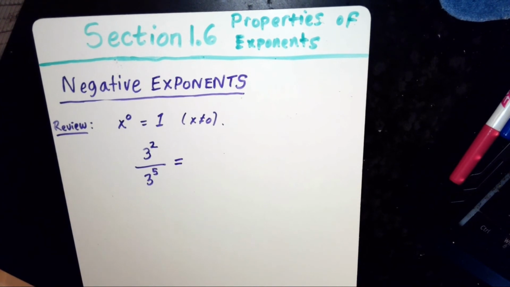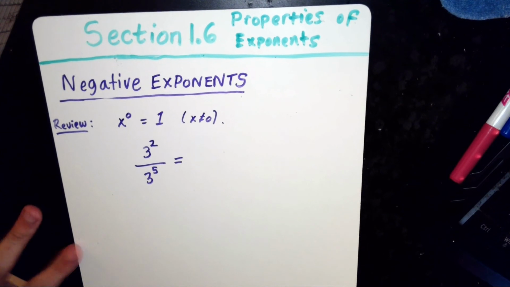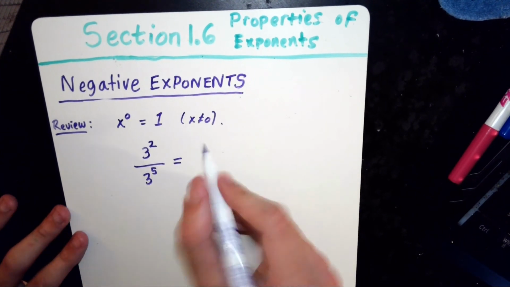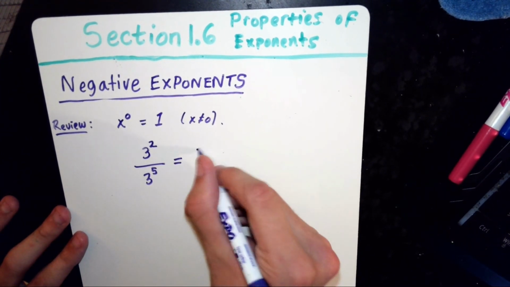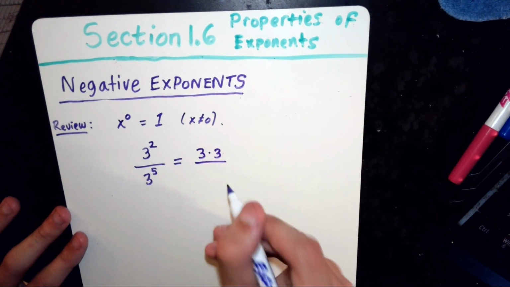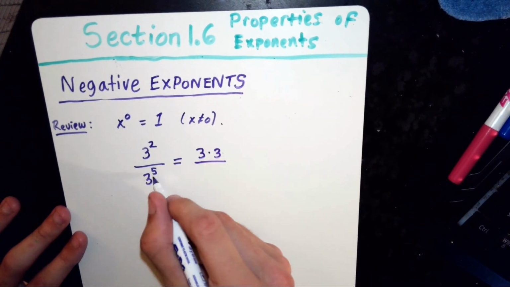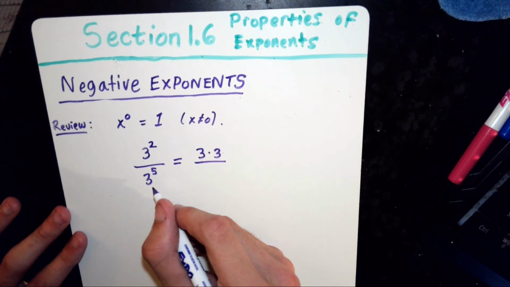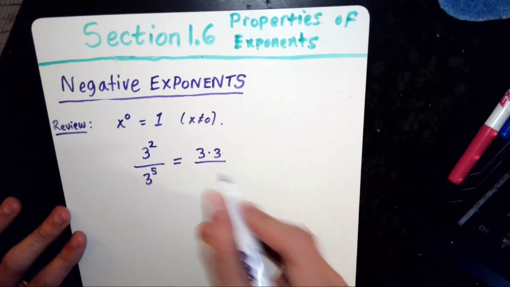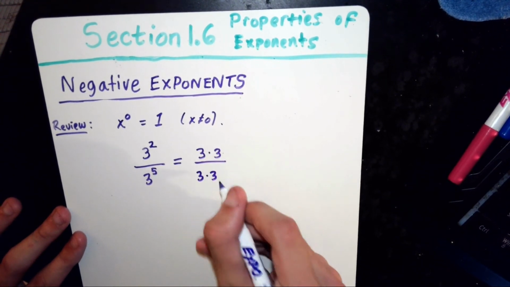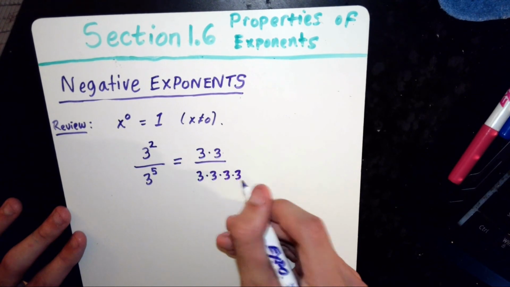Let's think about what this is, without applying the quotient rule yet, just like before. So 3 squared, by definition, is 3 times 3, 2 3s, and 3 to the 5th is 3 times 3 times 3 times 3 times 3. There's 5 3's being multiplied. 1, 2, 3, 4, 5.